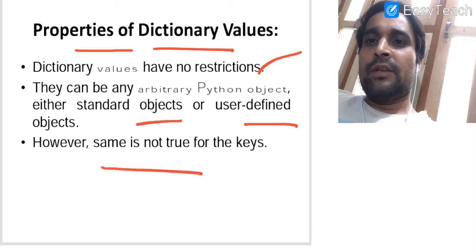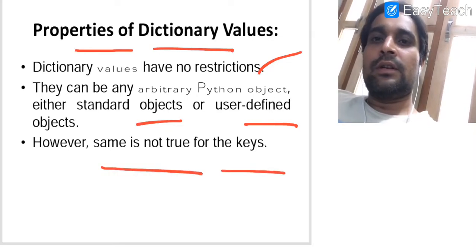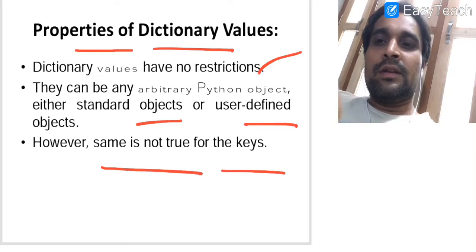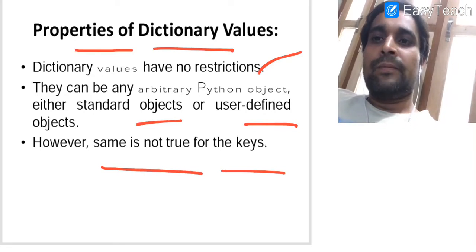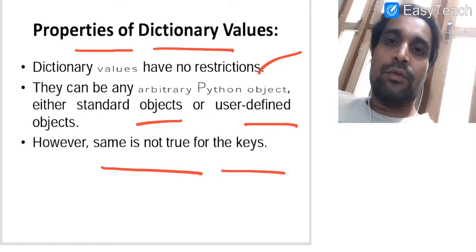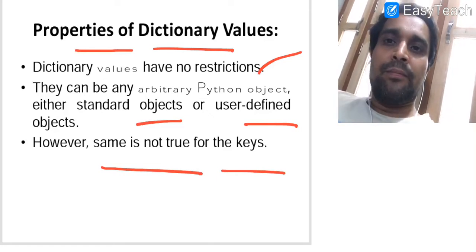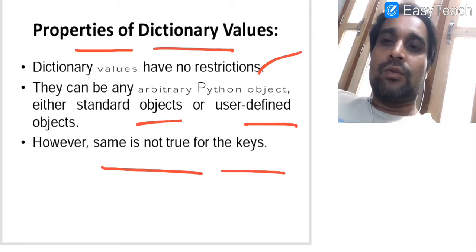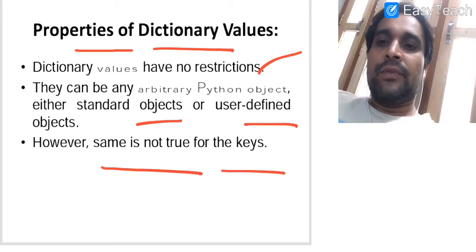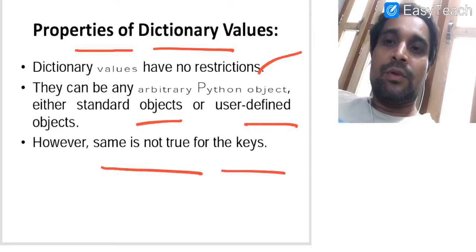However, the same is not true for the keys. It means the concepts that we are describing here are just for values. These concepts are not the same for the keys, because keys will always be of immutable type available in Python. So we cannot create a key of type list, because list is a mutable type available in Python.